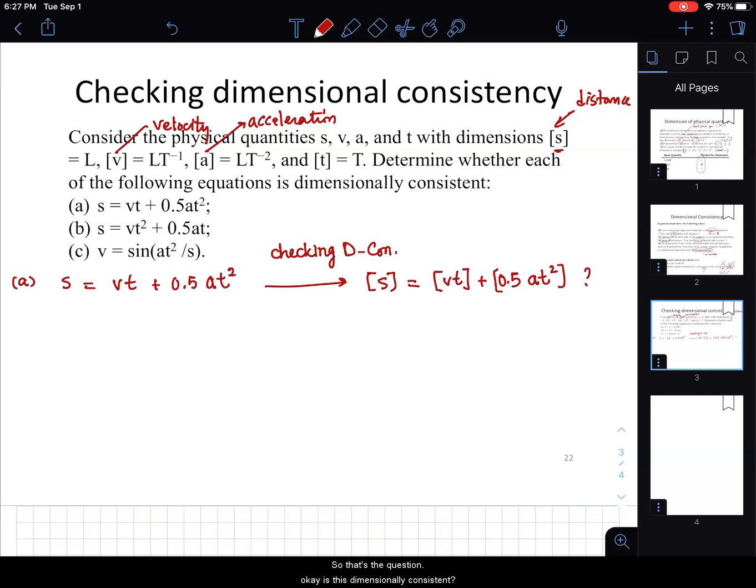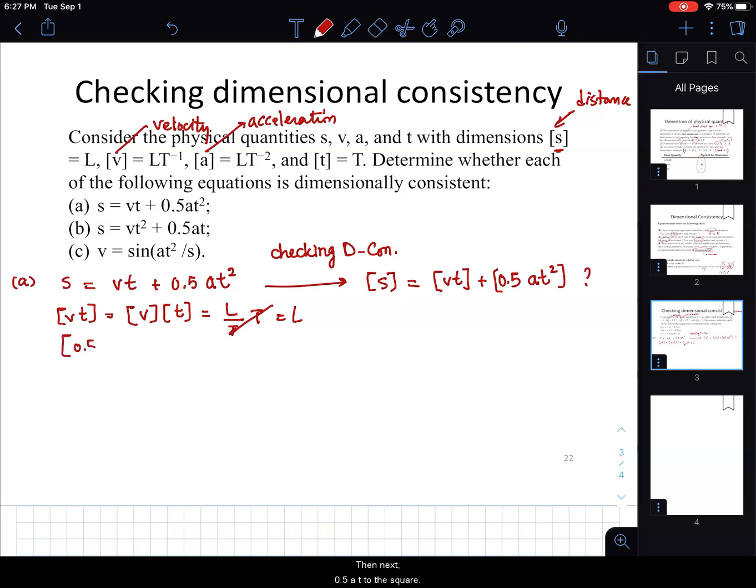Is this dimensionally consistent? Let's do each term on the right. VT is the dimension of V multiplied by the dimension of T. The dimension of V is L over T, and the dimension of T is T, so that's L. So the dimension of this term is L.